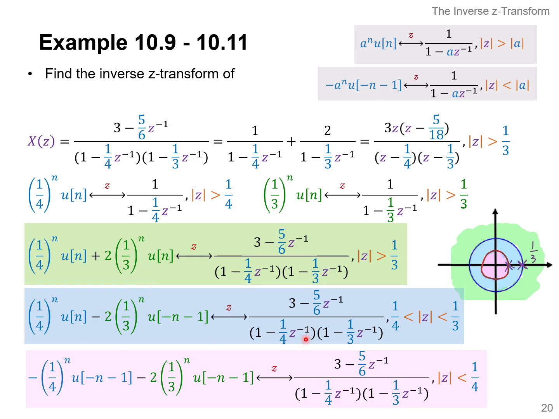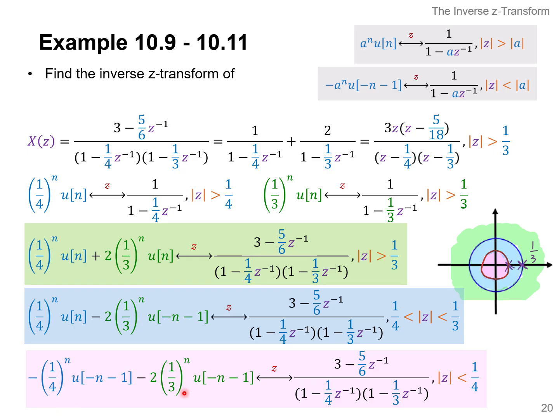Case 2. The ROC is between the poles. If the magnitude of z is between 1/4 and 1/3, the signal is two-sided. The first term stays right-sided, and the second term becomes left-sided. It forms a ring.